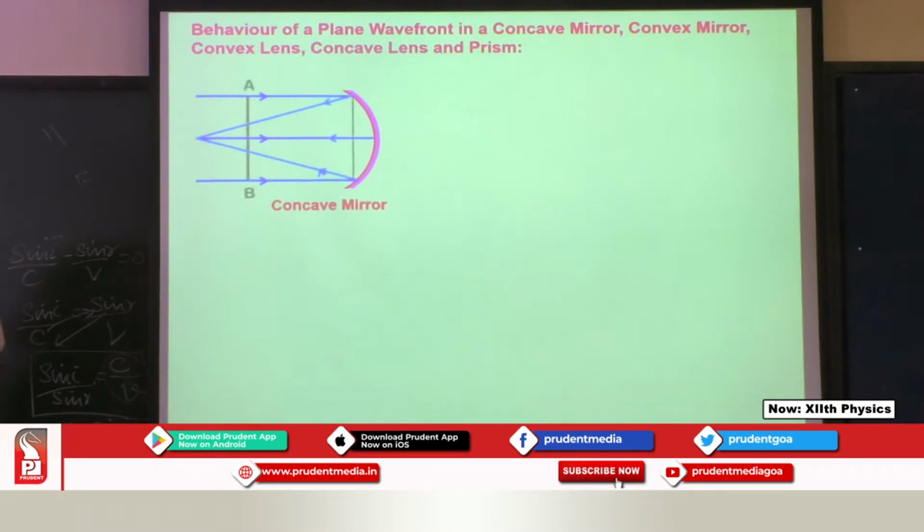But now let us see the wavefront. Because I already said the rays are in the perpendicular direction of a wavefront, it is a plane wavefront when you draw. Before reflection it is a plane, but after reflection it becomes curved, spherical. Why?